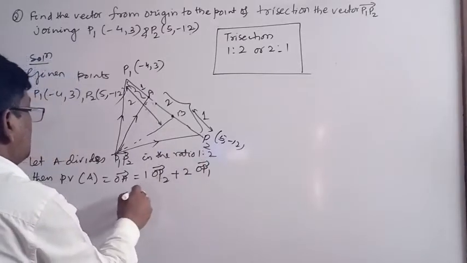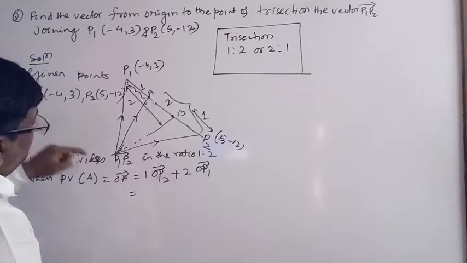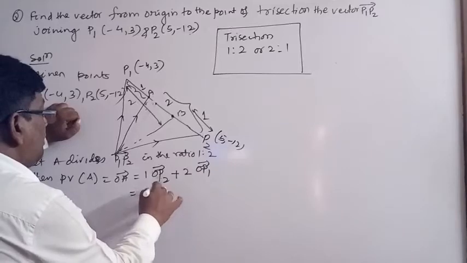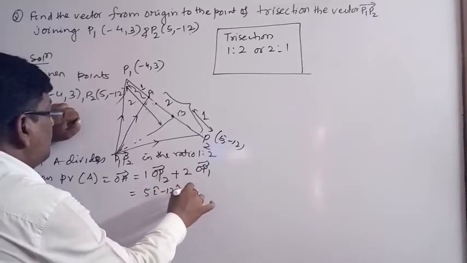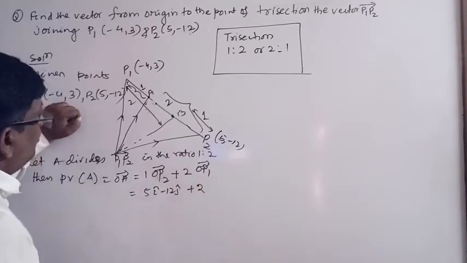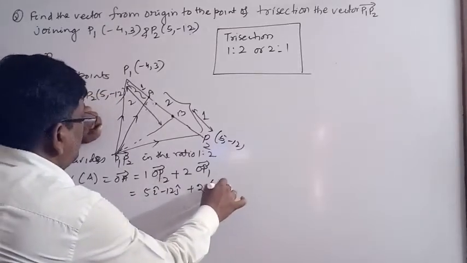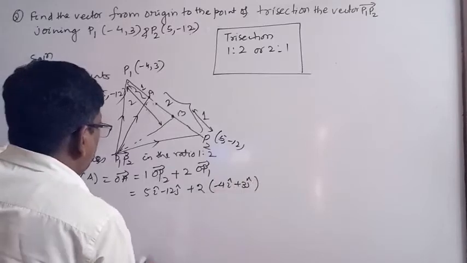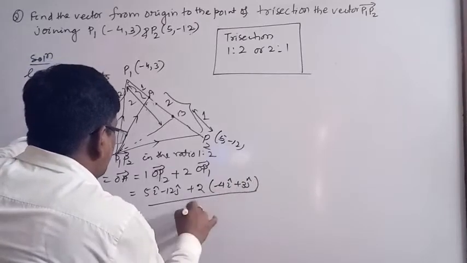Now this is equal to 5i minus 12j plus 2 into (4i plus 3j)..., by 1 plus 2.